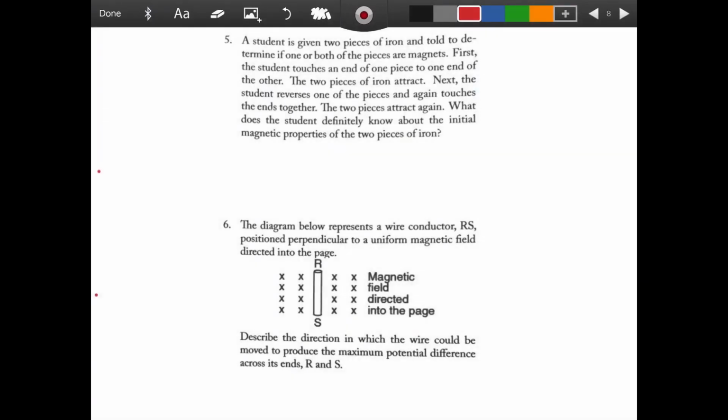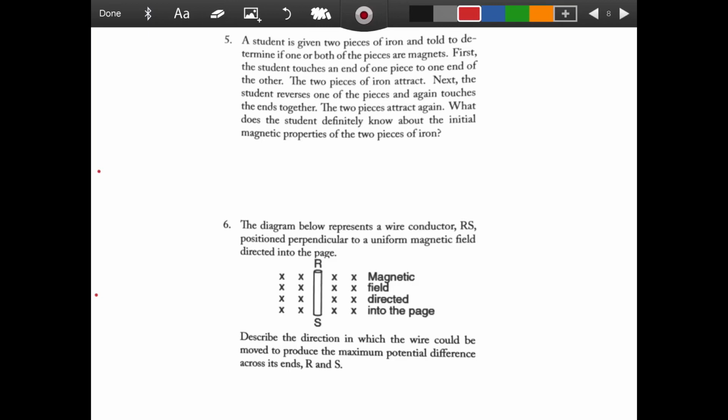A student is given 2 pieces of iron and told to determine if both pieces are magnets. When he touches one end of one piece to the end of the other, the 2 pieces of iron attract. And he reverses one of the pieces and touches the ends together.